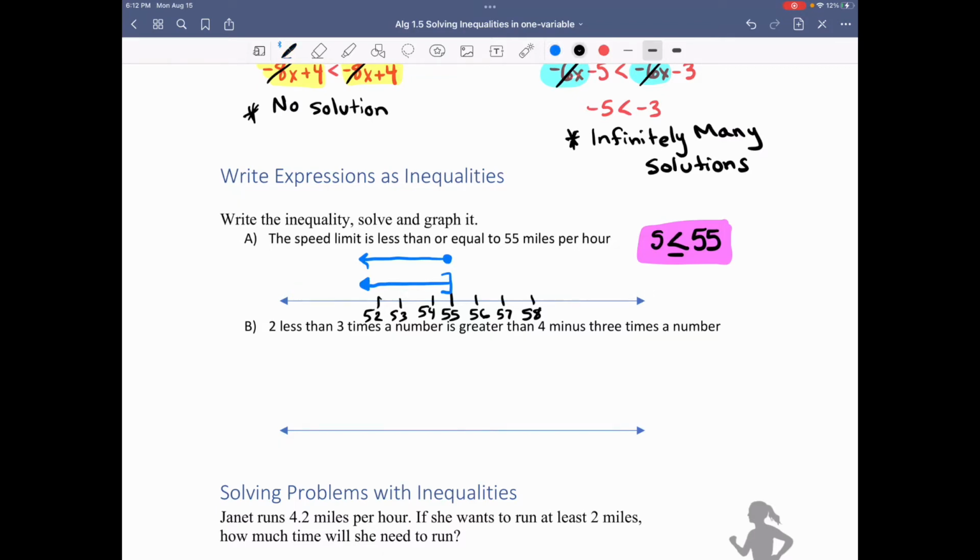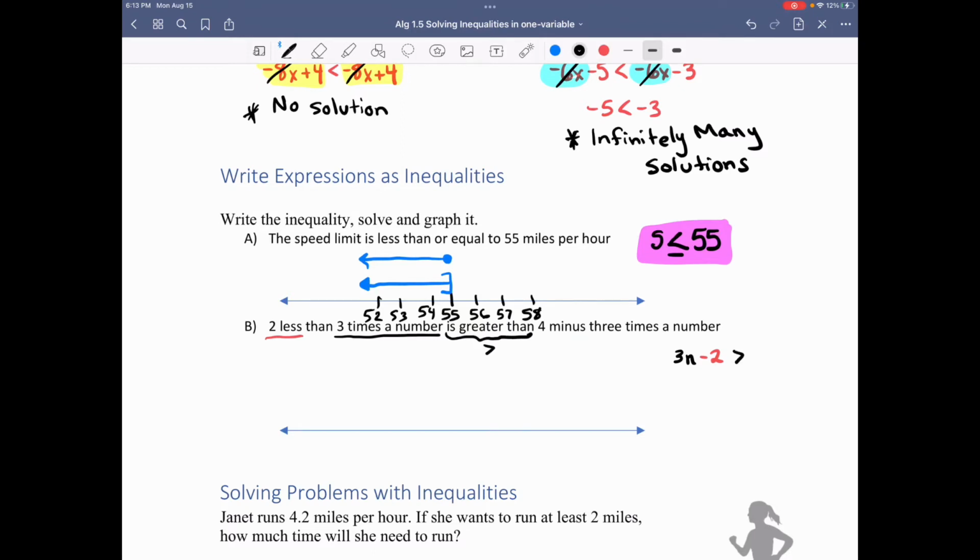For this inequality, 2 less than 3 times a number is greater than 4 minus 3 times a number. All right, so the first thing we'll start with is the 3 times a number, because the 2 less is going to come after that. So 3n, and then we have minus 2, because this is 2 less than that, is greater than, this symbol.